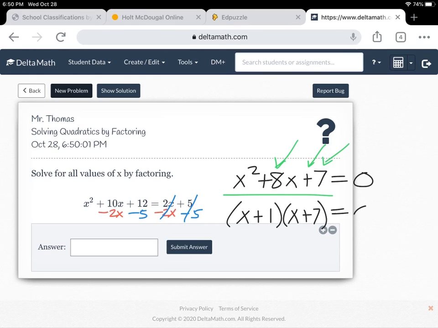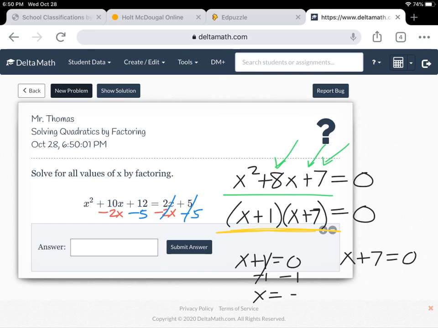Now, previously, this is what we would write down as our solution, but that is not solving, okay? That's what it is when it's factored. When you solve, you have to set up each equation. So really, it's x plus 1 equals 0, x plus 7 equals 0, and then you solve. Subtract 1, subtract 1. X equals -1, subtract 7, x equals -7.